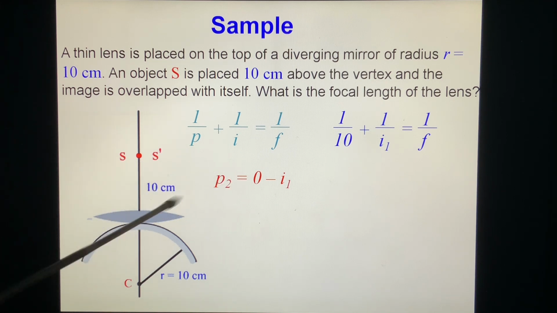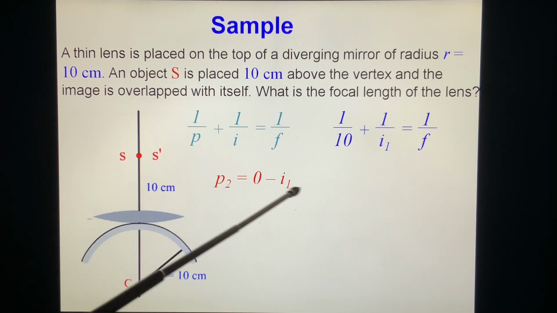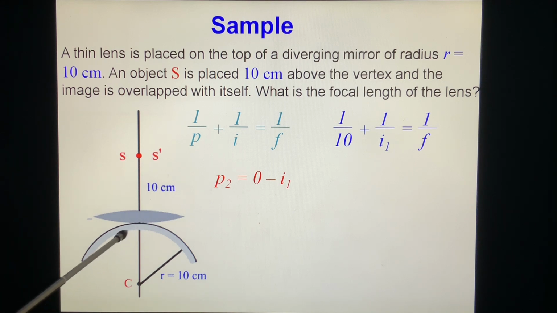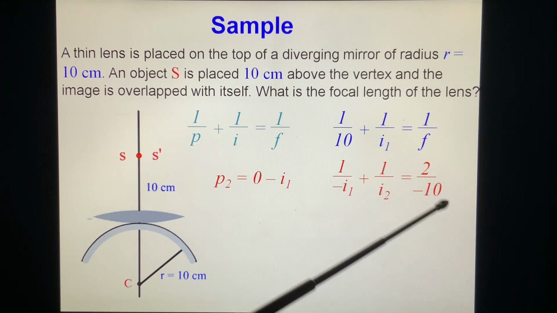P2, because this D is 0, P2 equal to D minus I1. So P2 is minus I1. And this is a mirror. Okay, we use the mirror equation. Okay, the mirror equation is, this is F equal to half R, right? So this is a 10.